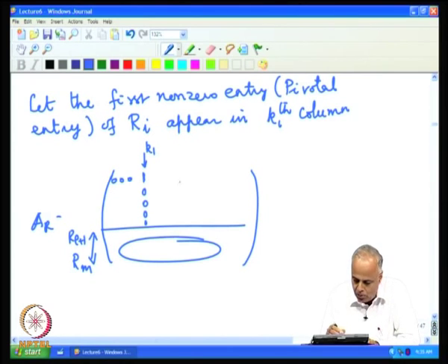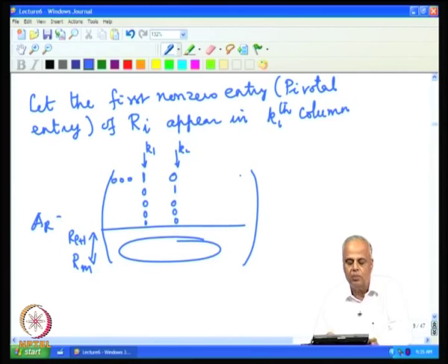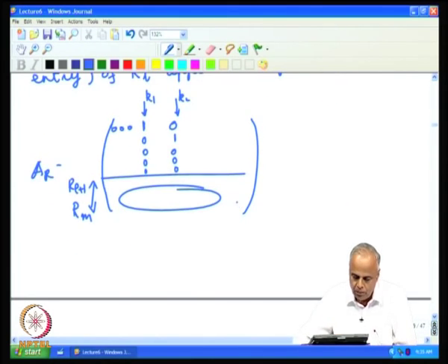And then in row 2 there will be a column k 2 to the right, and 1 will appear there, and all others will be 0, and it will go on like this up to k rho. So, therefore, we have the non-zero entries in the i th row appearing in the k i th column.